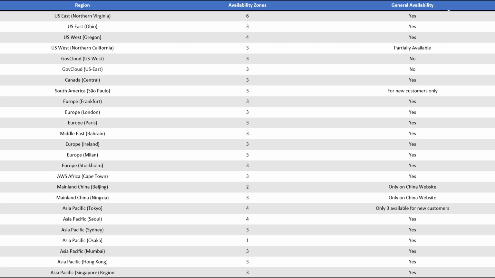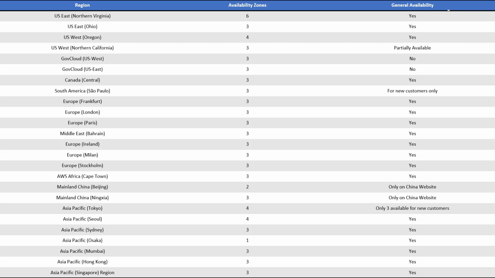Here you can see that North Virginia has the highest number of availability zones, which is 6. The next highest is US West, and here Asia Pacific, Tokyo and Seoul. Other regions usually have 3 availability zones, but mainland China, Beijing, has 2 availability zones, and there is a region in Osaka which has only 1 availability zone.